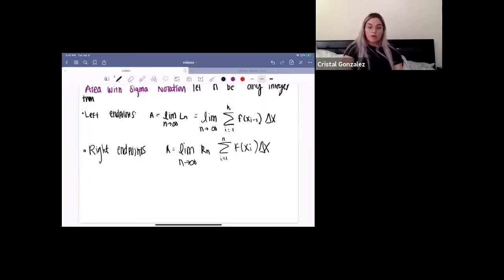And now for any sample points, so it doesn't matter which one you use, we'll have that the area is equal to the limit as n approaches infinity of the sum from i equals 1 to n of f of xi star, our sample points, times our width.